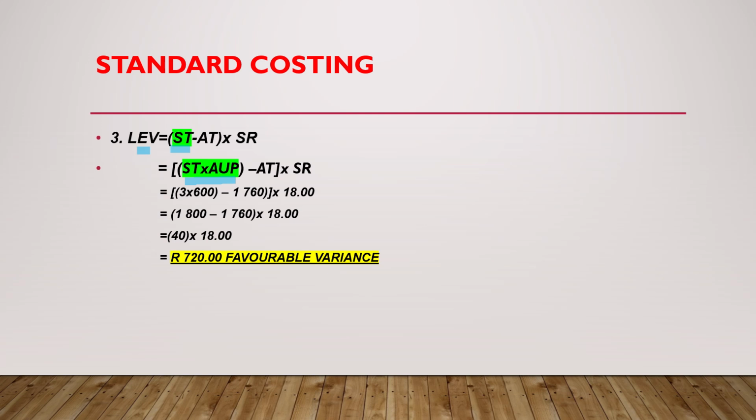Multiplied by 18 rand, the rate, we have a 720 favorable variance, meaning because we have saved 40 hours, we have saved 720 rand. Right, I hope that is clear.